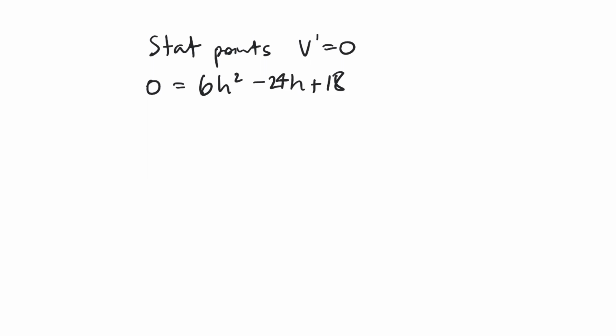This is going to make the next part of the process of finding the maximum a little bit longer this time. Let's get rid of that factor of 6 that plays right throughout this question, so that we can solve this quadratic a lot easier.